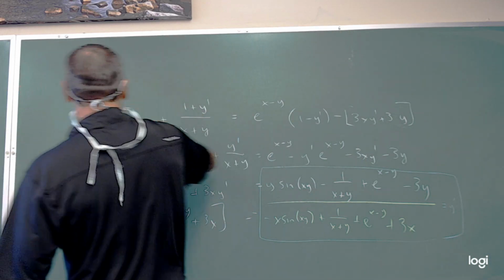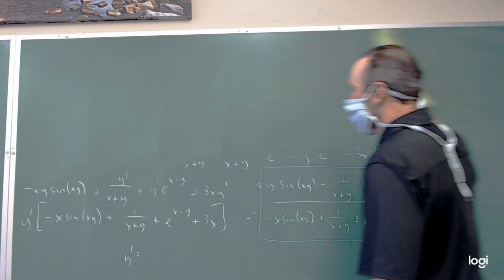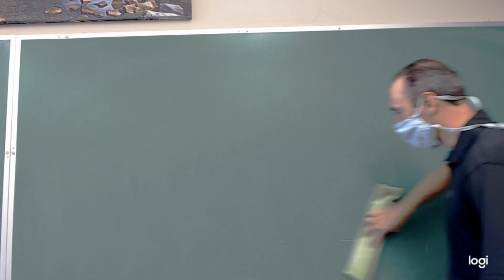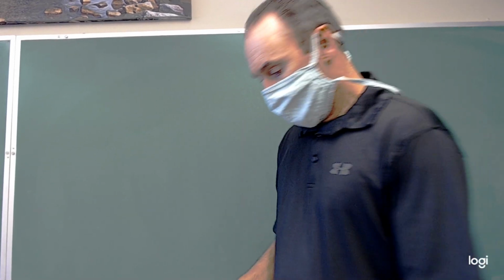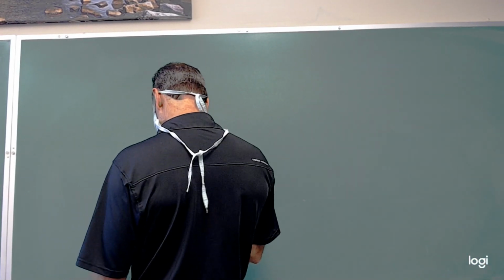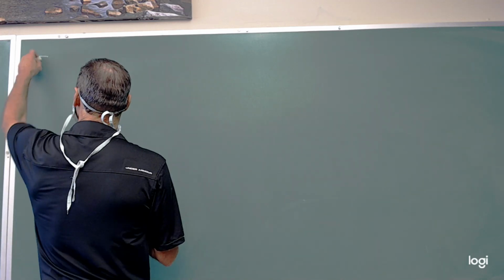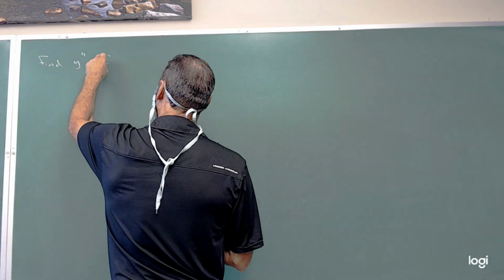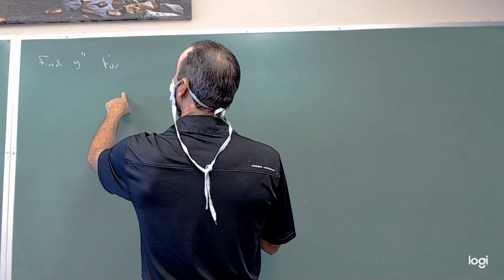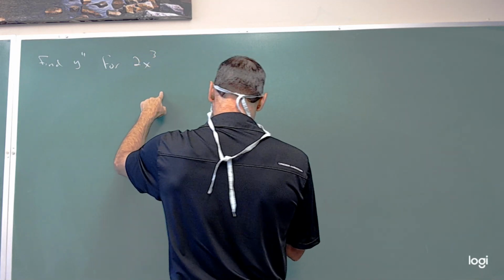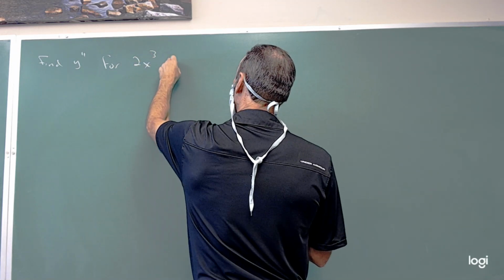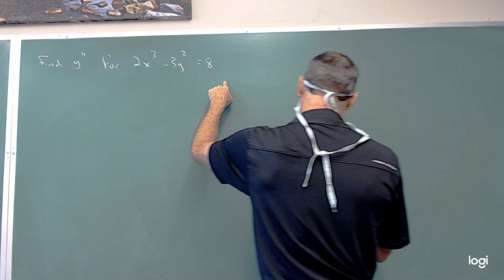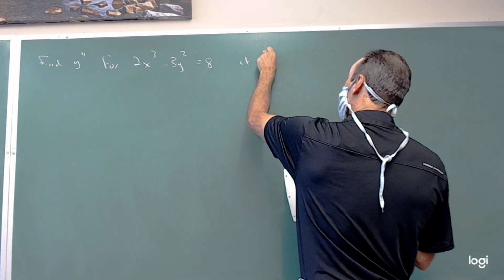Let's do a tangent line question. And maybe even a concavity question. Let's see, let's find y double prime for our implicit function 2x cubed minus 3y squared equal to 8 at the point 2, 4.